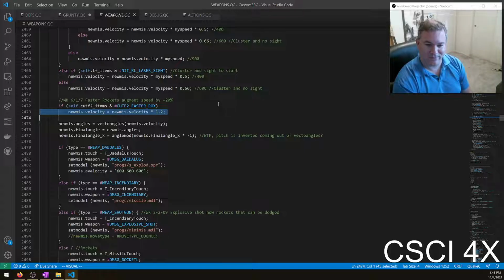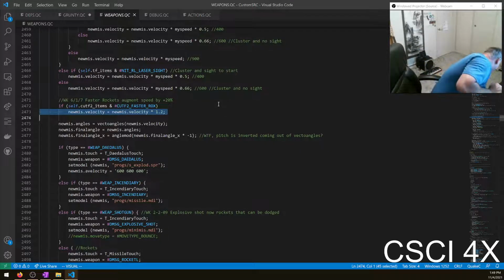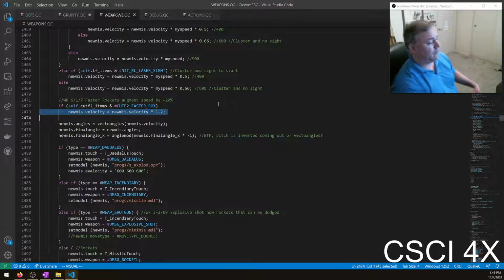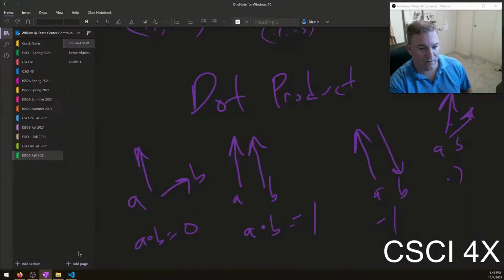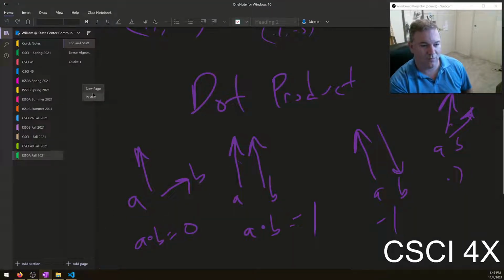Don't look at the comment 2 lines above it. It's math. It's linear algebra, but it's not hard. You know, it's applying acceleration. Yeah, it's increasing the velocity of the rocket. By how much? 20% more velocity.